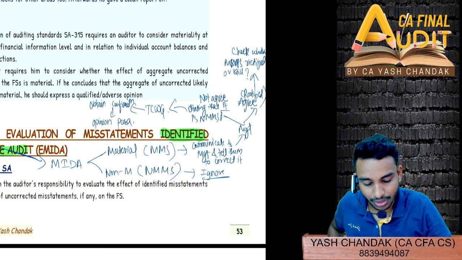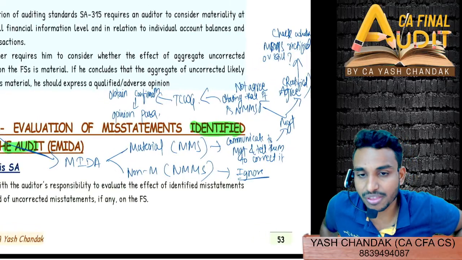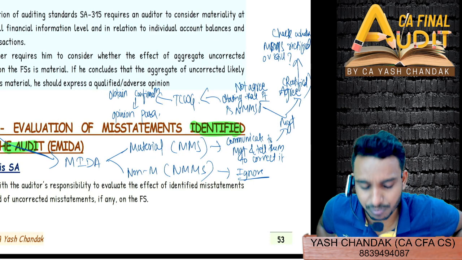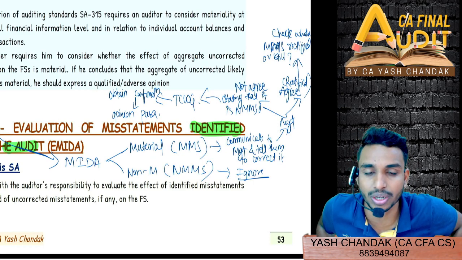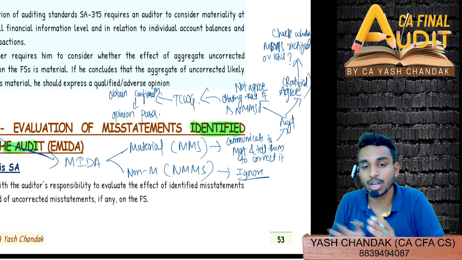So that is a synopsis of SA 450. First, we evaluate the misstatements identified during the audit, and then assess whether each is material or non-material.